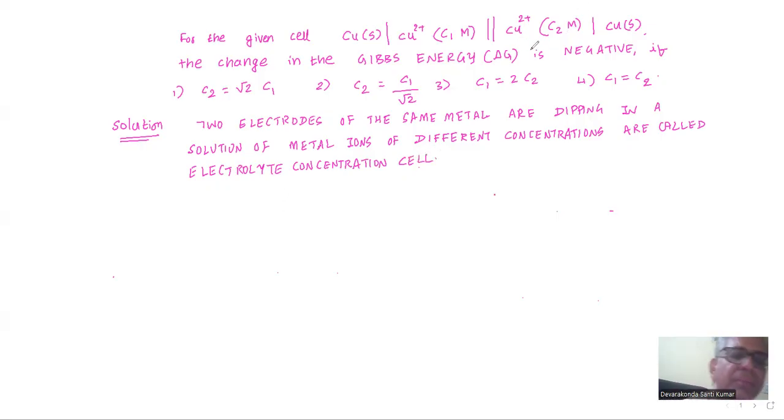So this given example is an electrolyte concentration cell. The EMF of the electrolyte concentration cell directly we can write down like this: E is equal to 0.0591 by 2 log C2 by C1 to base 10. So this is the formula for the electrolyte concentration cell.